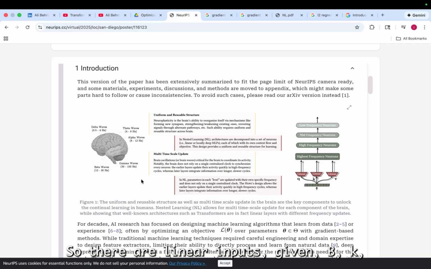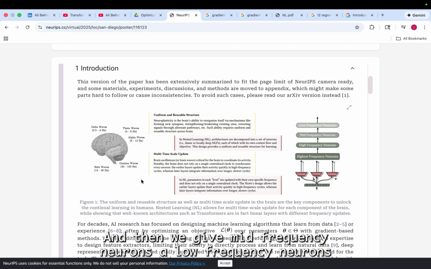There are linear inputs given, V, K, and Q, which are then mapped with the values and passed through a bunch of high frequency neurons, then mid frequency neurons, and low frequency neurons.